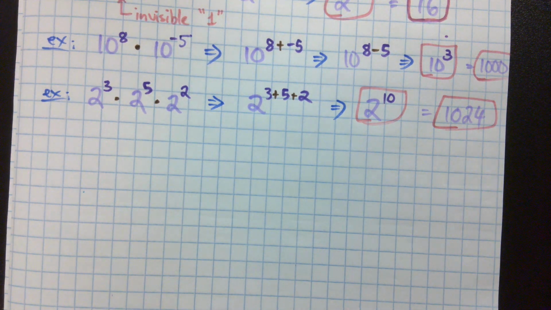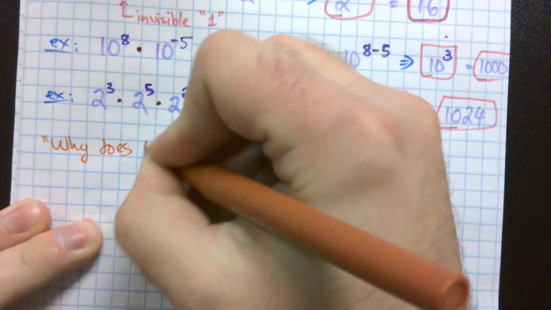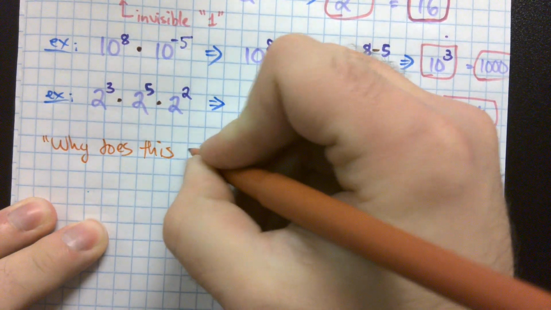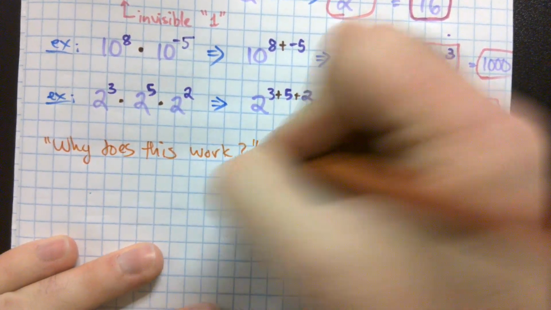Why does this work? Great question, Mr. Church. Let's take a look. Why can we just add the exponents if we're multiplying the bases? Well, I'll tell you.